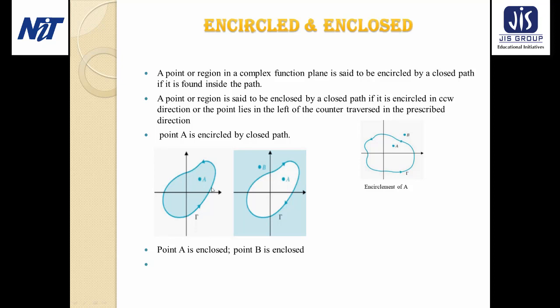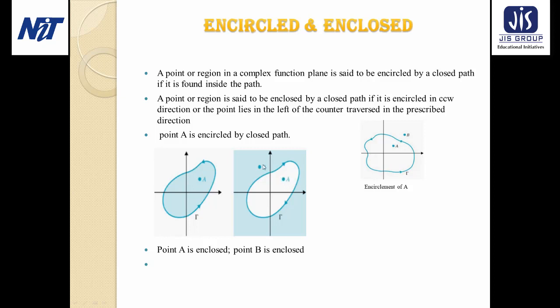So we can say here the point A is enclosed within the contour, whereas in this diagram the contour is rotating in the clockwise direction, and when it is in clockwise direction, then we can say that the point B is located on the left hand side, whereas the point A is located on the right hand side.